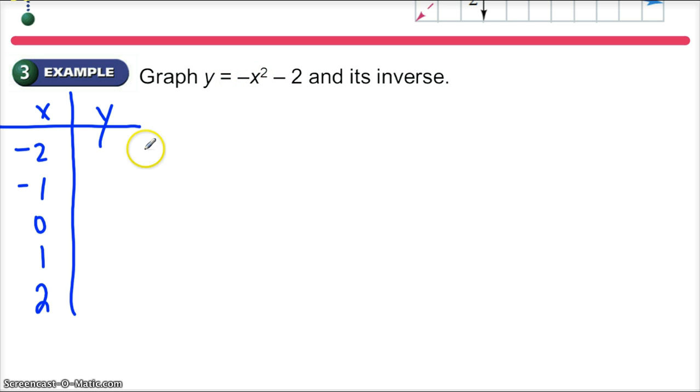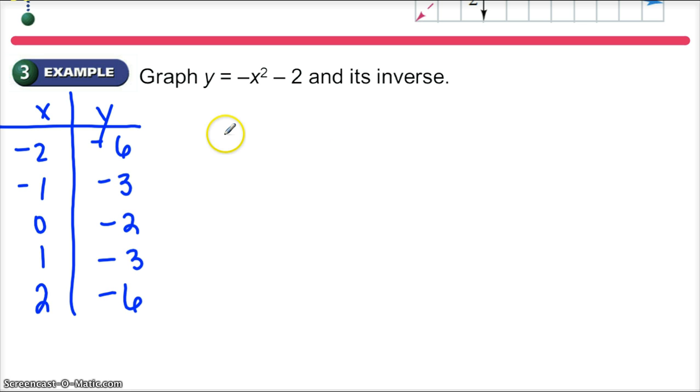So -4 minus 2, that's -6. -1: -1 squared is 1, -1 minus 2 is -3. 0 is just 0, 0 minus 2, -2. Plug in 1: 1 squared is 1, -1 minus 2 is -3. 2 squared is 4, -4 minus 2 is -6.